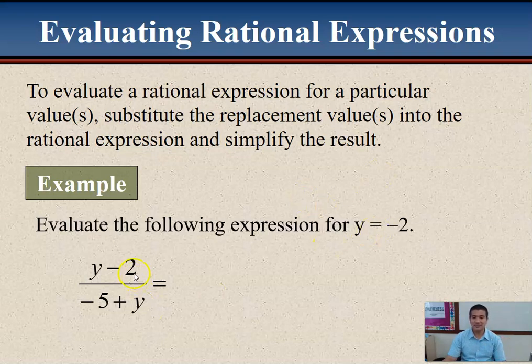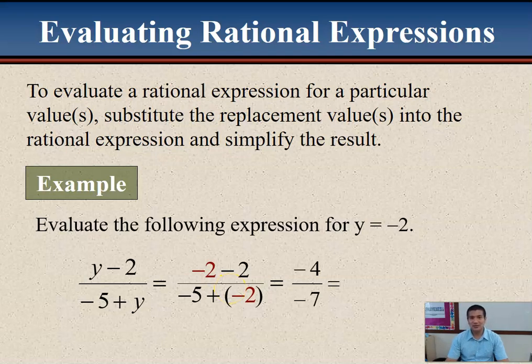You will have negative 2 minus 2 in the numerator, and the denominator is negative 5 plus negative 2, which equals negative 4 over negative 7. In the law of operations, negative over negative becomes positive. So we will have 4 over 7.